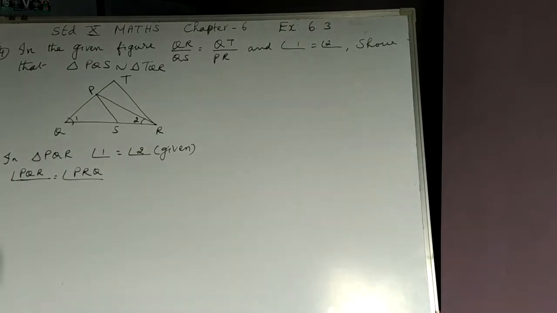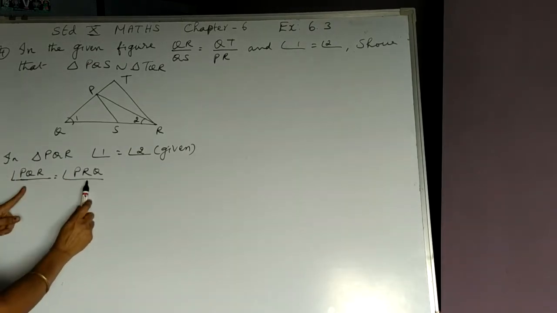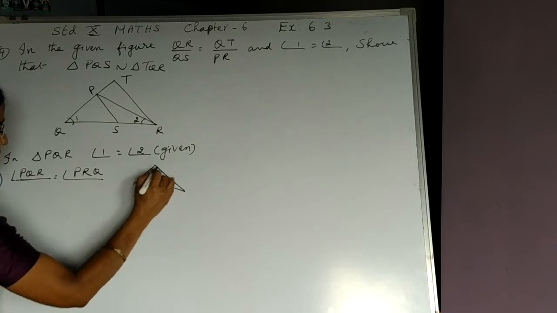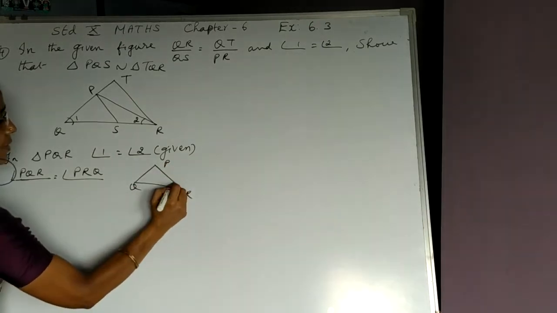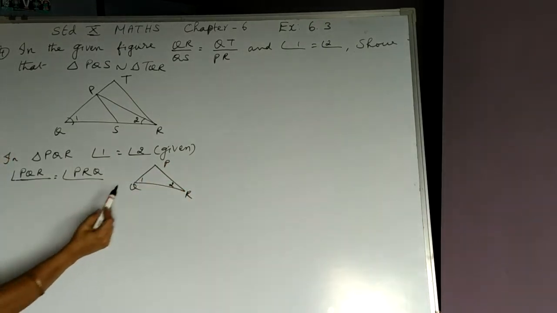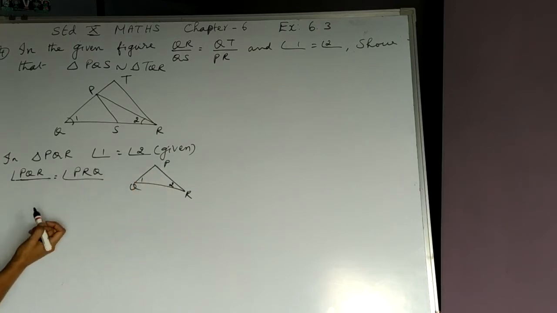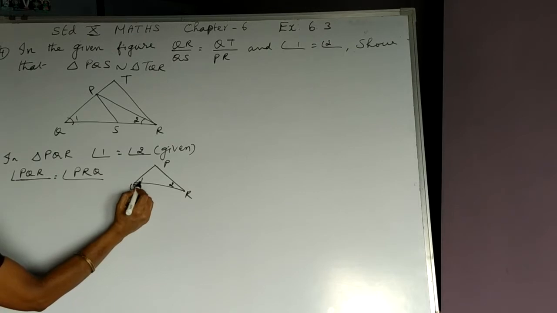We had studied that in any triangle, if two angles are equal, their opposite sides are equal. So, I am drawing the triangle again. This is 2 and this is 1. If two angles are equal in a triangle, their corresponding opposite sides are equal. Which is the side opposite to angle 1?